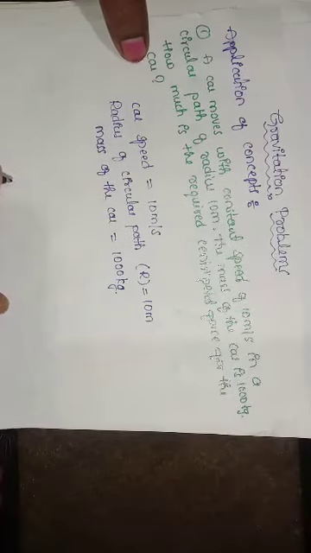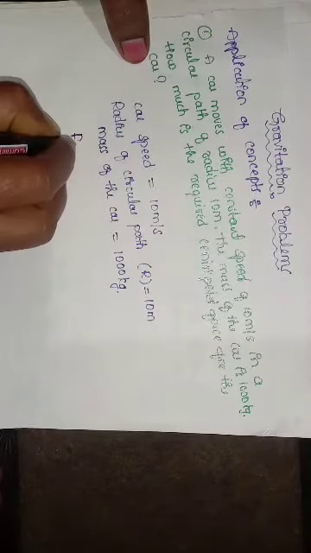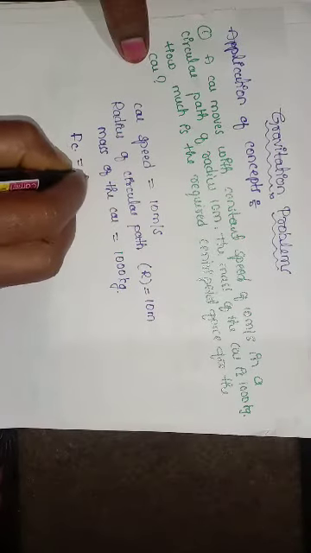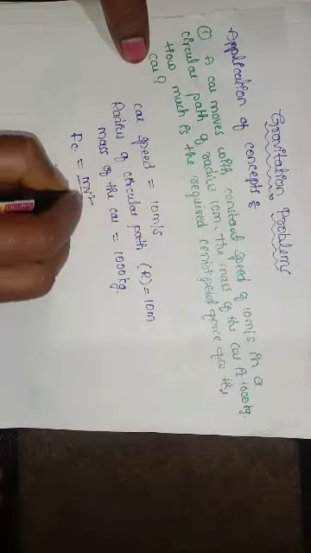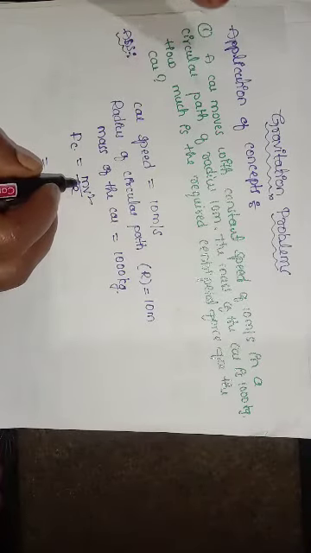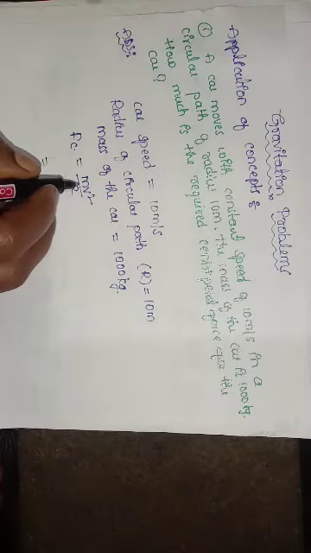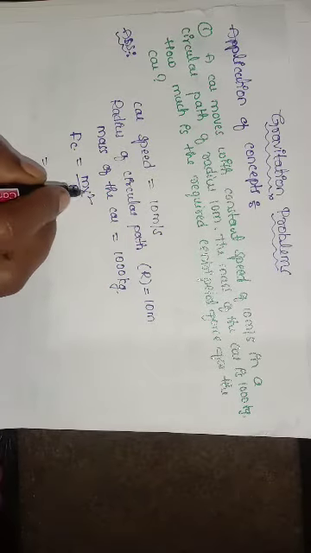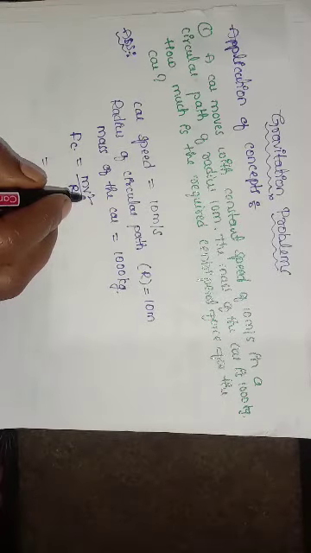And what is the formula to find centripetal force? Fc is equal to mv square by r. Here m is the mass of the object which is moving in the circular path, and v is the velocity or speed.